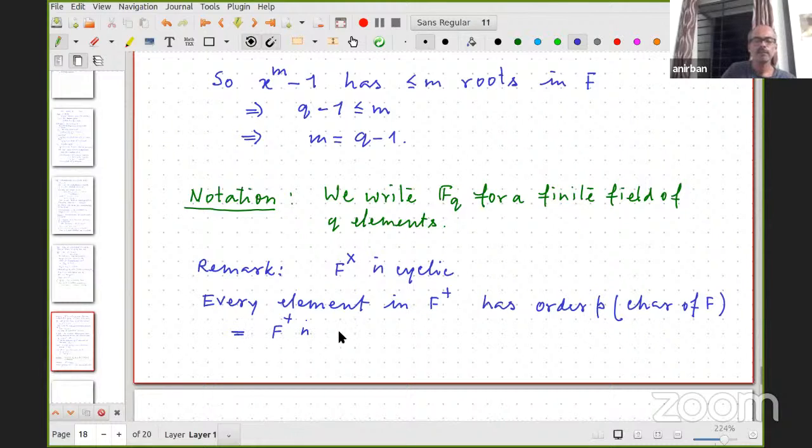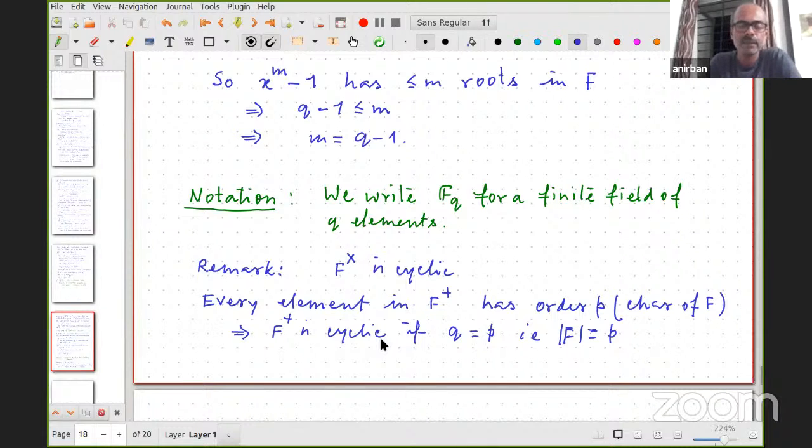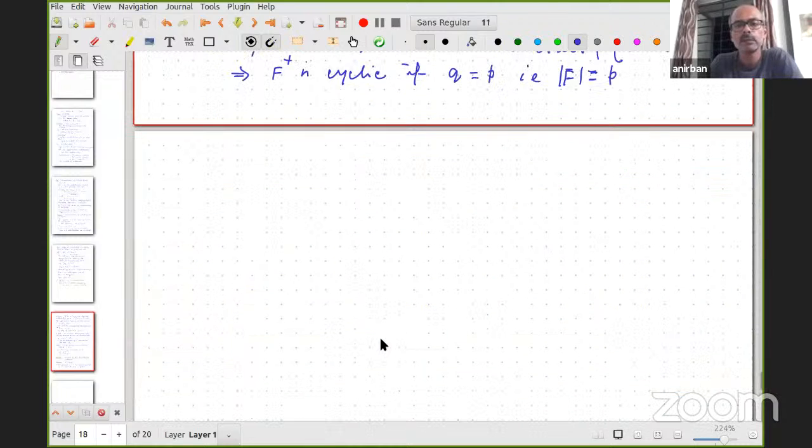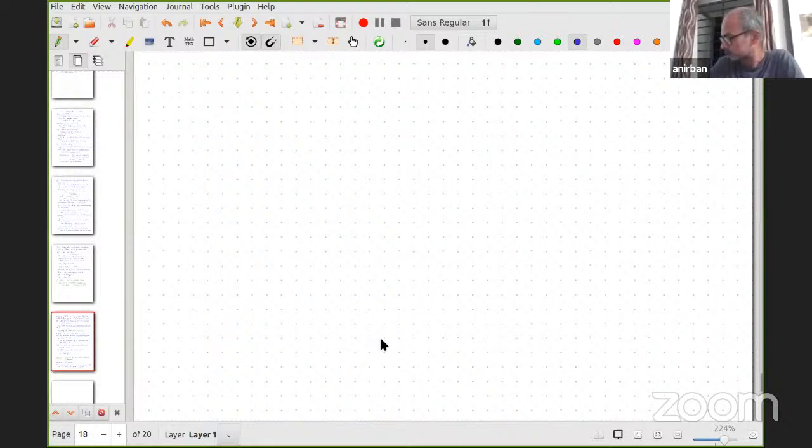Therefore, F plus is cyclic if q is p, so that is the field has p elements. So if the field itself has prime order, only then F plus is cyclic, otherwise not. But the multiplicative group is always cyclic, that is what we proved.